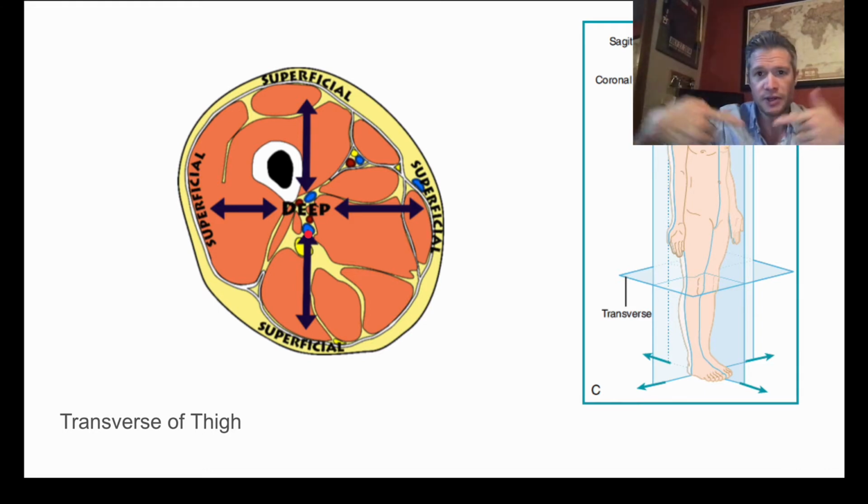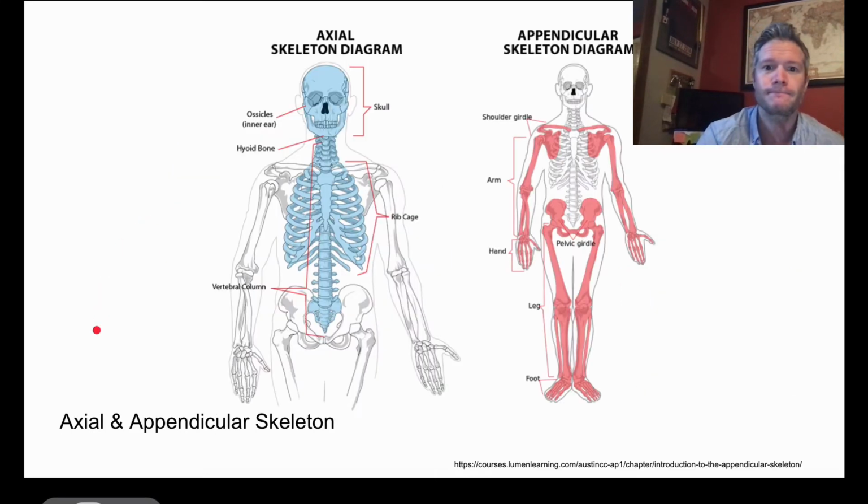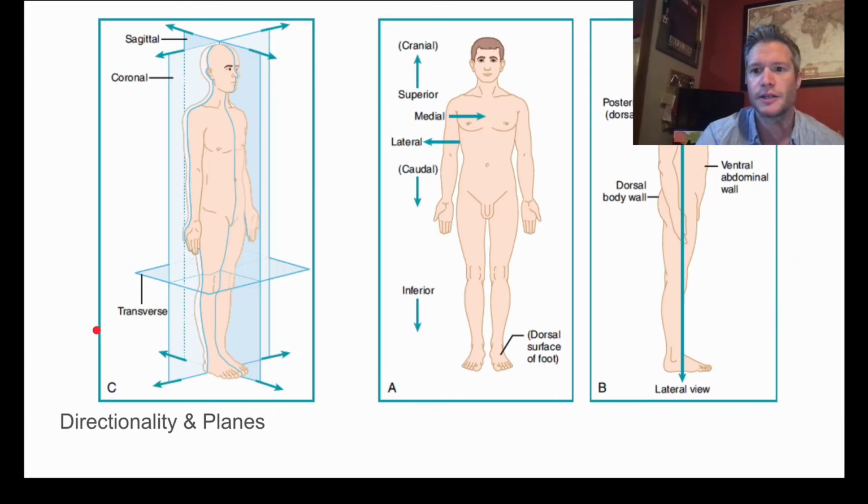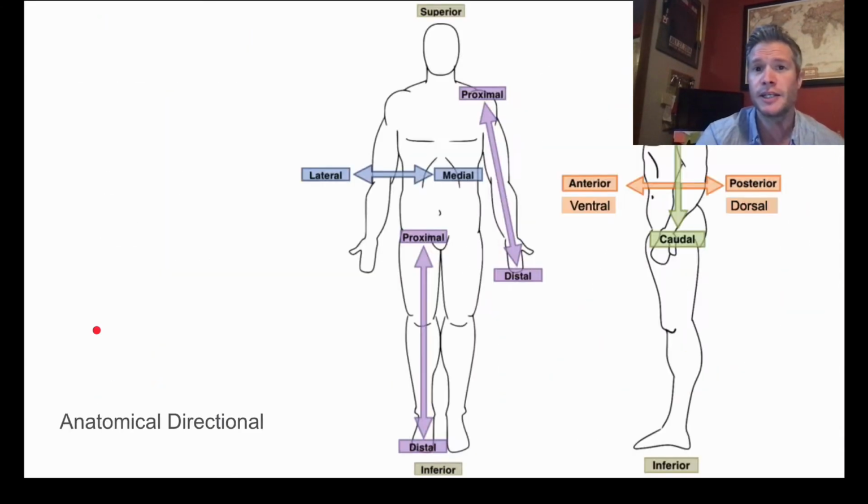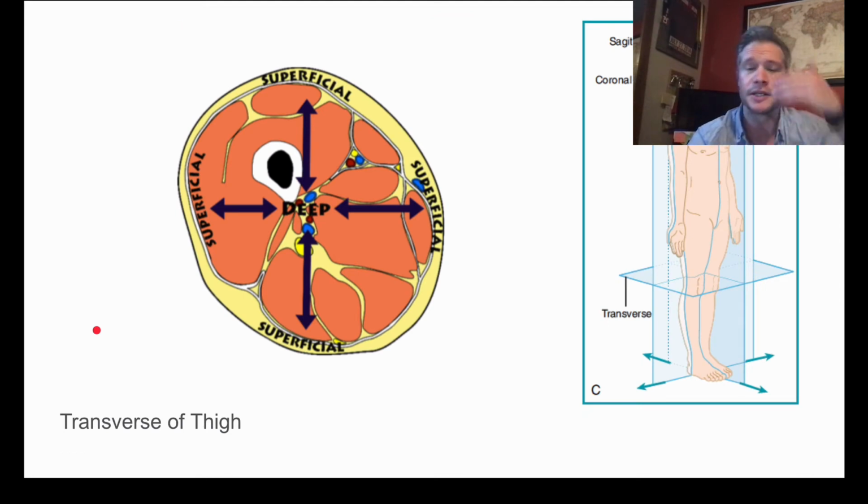Okay, so the very center of our body is very deep, whereas our skin is superficial. And you might have heard that term before as superficial wound, which just means it's very surface. Okay? Great.